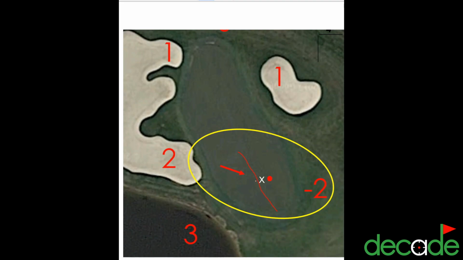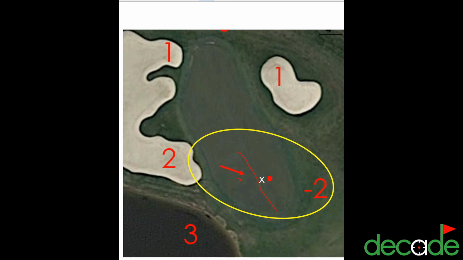And so while I agree with Mark's idea, if this green were a little bit more narrow, we wouldn't want to be aiming left of a pin if that put our target actually over here, too close to this hazard. But that's what we talked about in the DECA catch-all video, the lesser of two evils. In this situation, right would certainly be the lesser of two evils if we were aiming too close to this water hazard as a result of our decade distance target, our baseline, as well as the analyze surrounding hazard modifier.